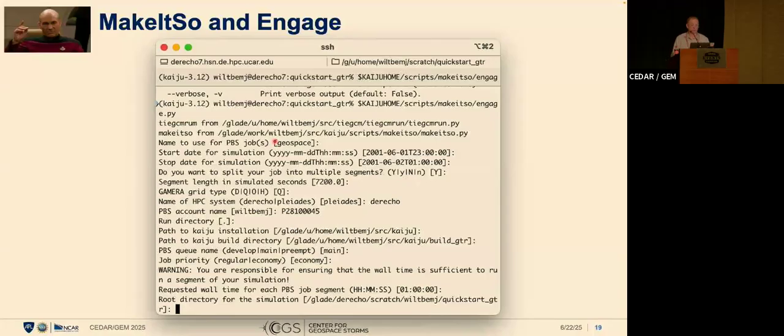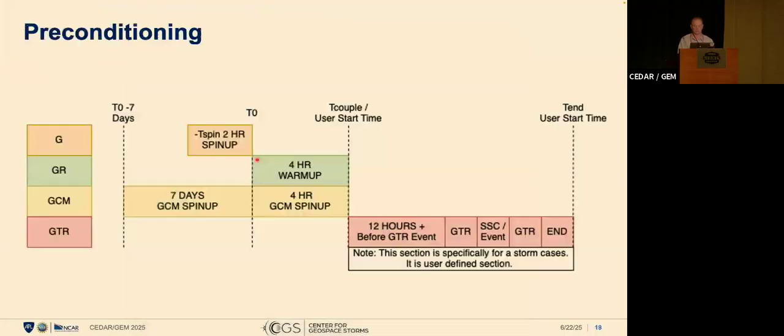You can stick with that if you want, but if you're doing your favorite substorm or storm, like the Gannon storm, you might want to use a descriptive name. That descriptive name will carry throughout the jobs that are submitted to the supercomputing platform and in the output file names from the results of your simulation. Then it's going to ask you for the start and stop dates of the time frame that you're looking at.